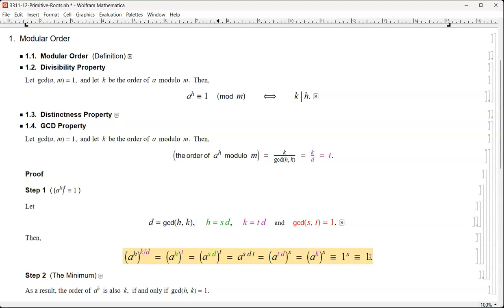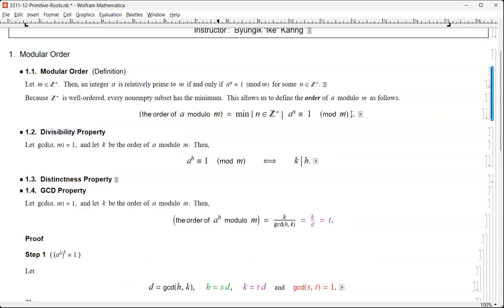Now A to the K power is 1. Remember, K is the order of A mod M. So we have 1 to the S power. This thing turns out to be 1. So A to the H power to the T power is indeed 1. Let's see what we want here.